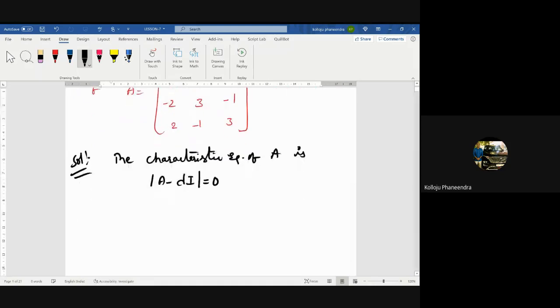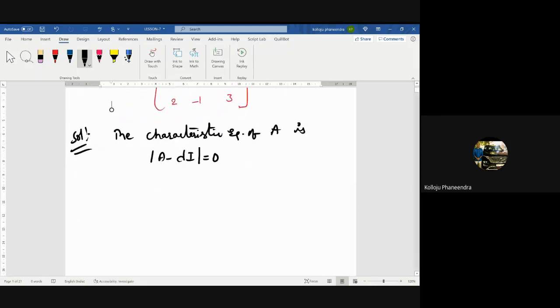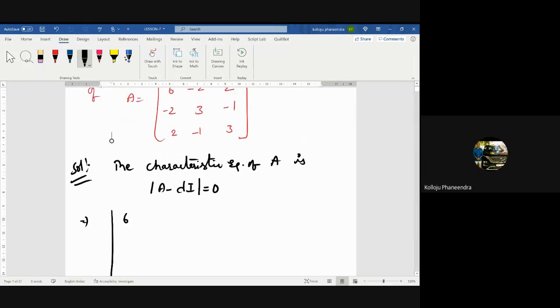That implies the determinant where, from the diagonal positions, I have to subtract lambda: 6 minus lambda, minus 2, 2; minus 2, 3 minus lambda, minus 1; 2, minus 1, 3 minus lambda, equal to 0.